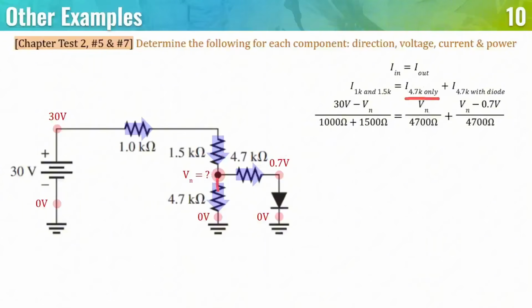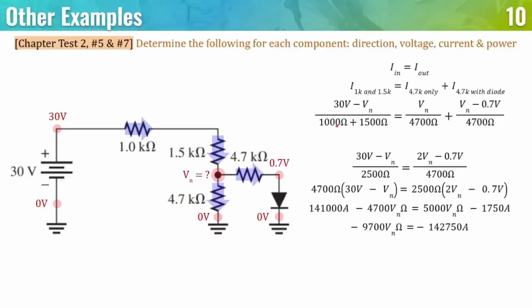For the current across the resistor only, we have the node voltage minus 0, or simply Vn, all over 4,700 ohms. And lastly, for this branch, we have Vn minus 0.7 all over 4,700 ohms. So knowing that, we can now solve for Vn.